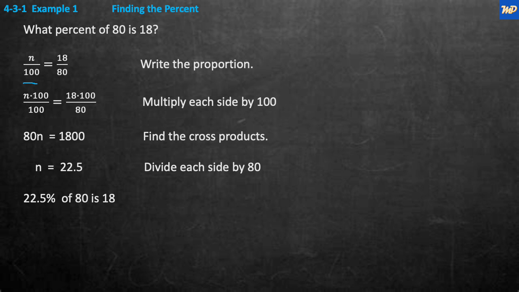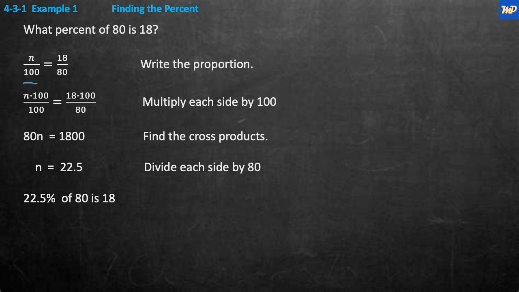So now we're going to multiply both sides by 100. N times 100 divided by 100 is n. 18 times 100 divided by 80 stays the way it is. And then we did the cross multiplication, right? So we got 80n, and 80n is equal to 1800.